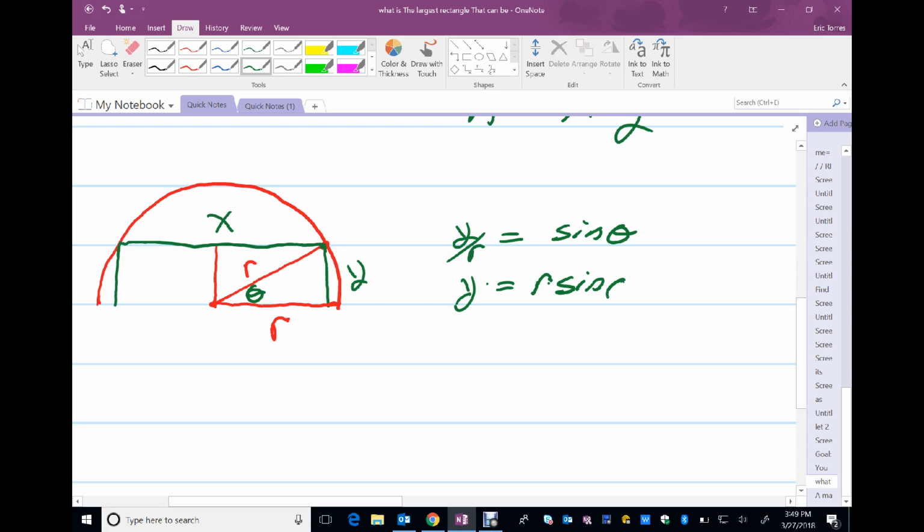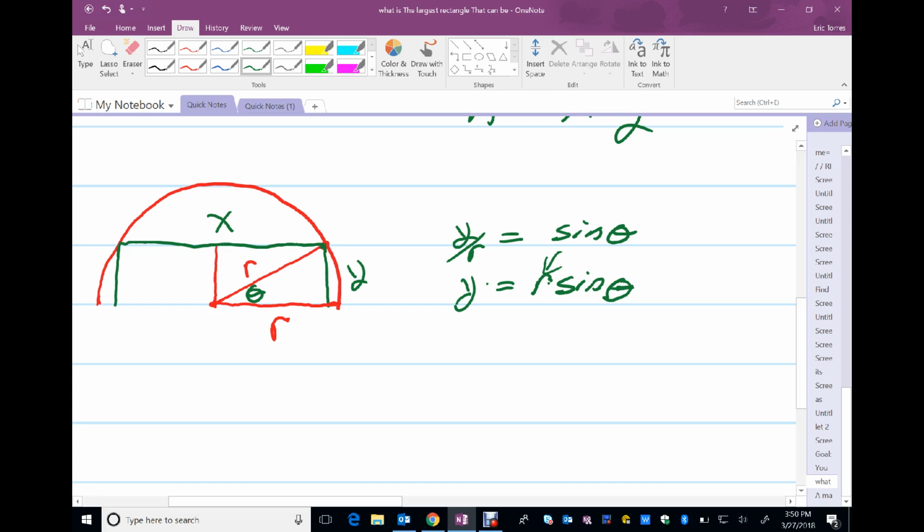My pen's getting a little bit glitchy today. Wonderful. Okay. Now, r is a constant, which means y now is directly described in terms of theta.